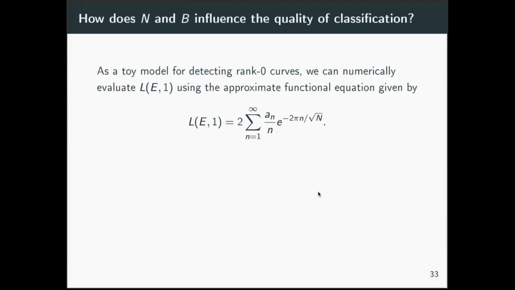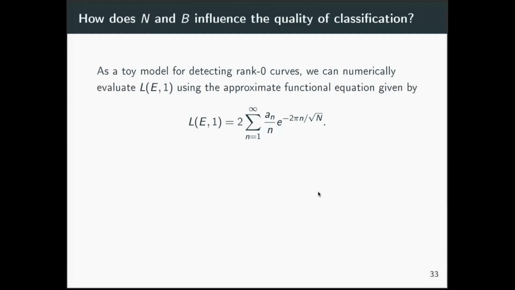If it is 0, then the rank is greater than 0. In the exponent we are dividing by the square root of N, which really means that if you want to approximate this value decently, you would need to consider at least the square root of the conductor in coefficients.